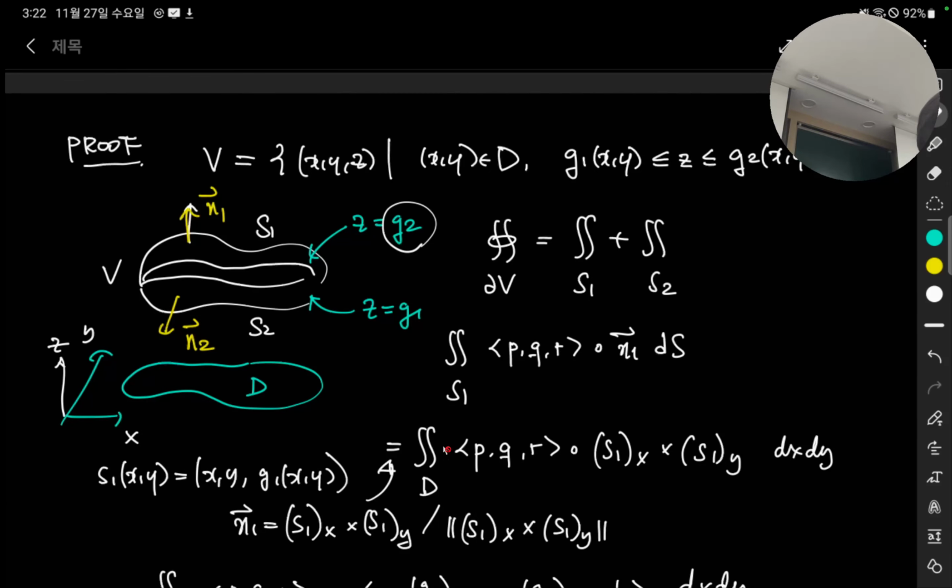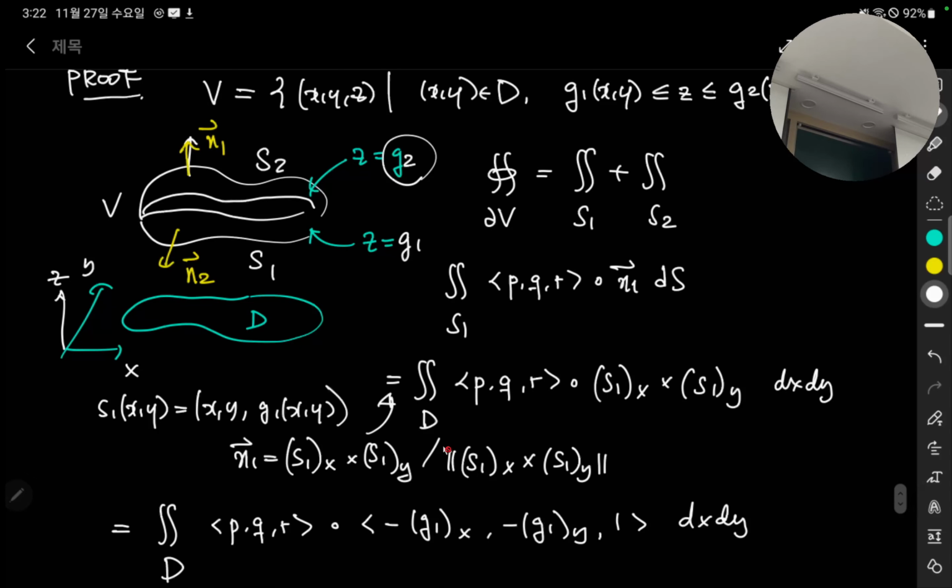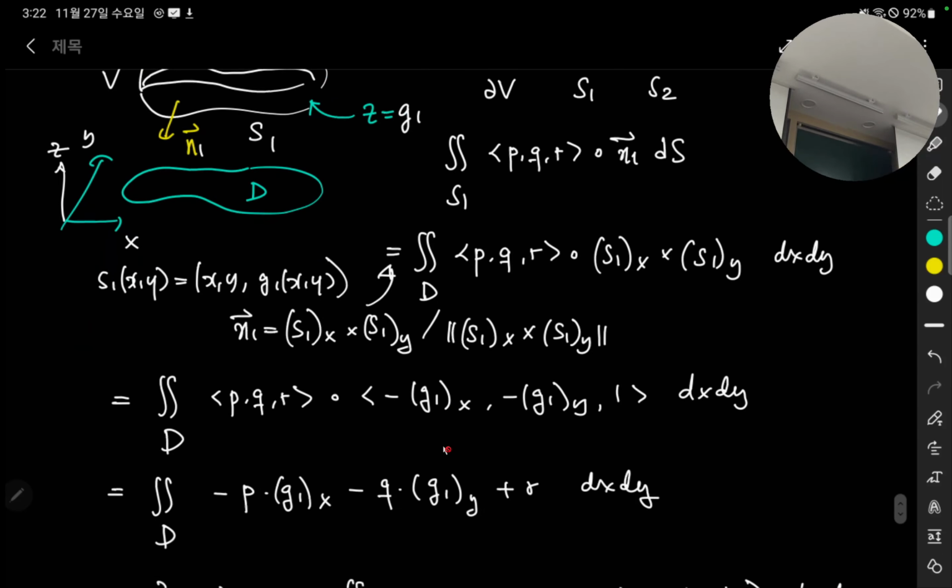I interchanged the order here, so let me fix this. So it's S2, S1, so S2, 1, it's G2, G1. G1, G2 is okay. Well, now I have to change the index here too. N1, N2, and then let's see.